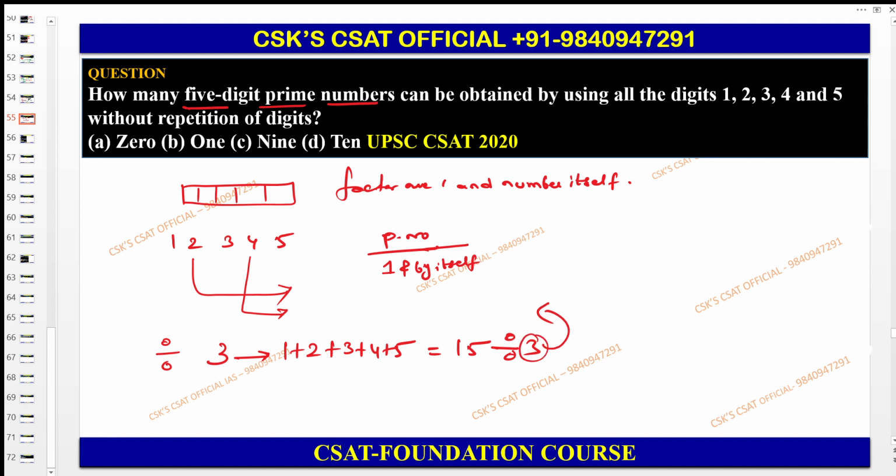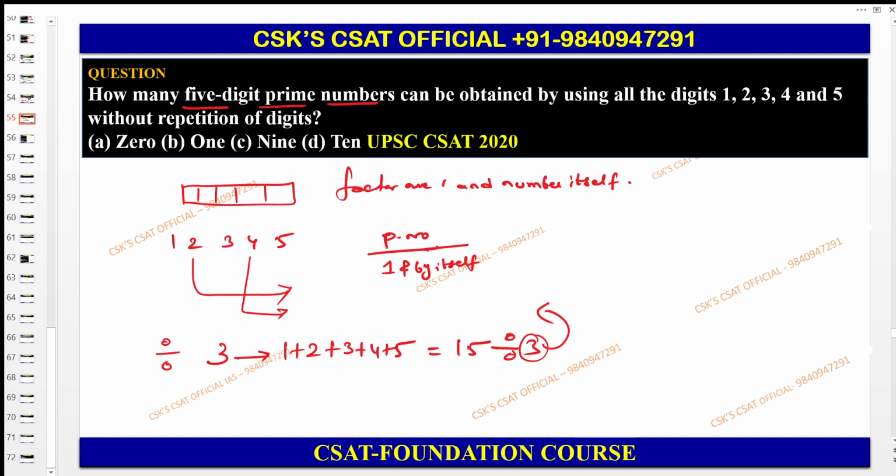What is the prime number concept? A prime number contains only the factors 1 and the number itself. If it is divisible by any other value, then it is not a prime number.